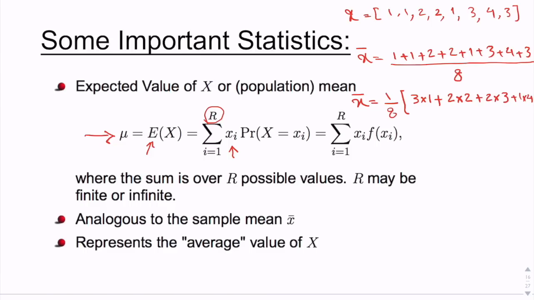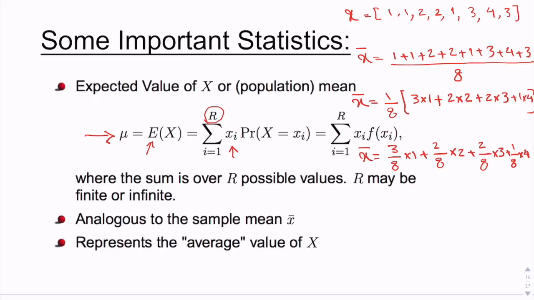So this is how we compute the mean. So if I apply 8 to each of these terms, then x bar is equal to 3 over 8 times 1 plus 2 divided by 8 times 2 plus 2 divided by 8 times 3 plus 1 divided by 8 times 4. So what does it mean?